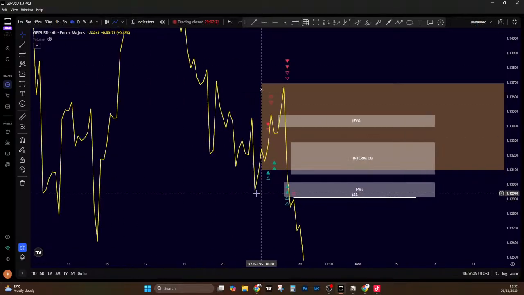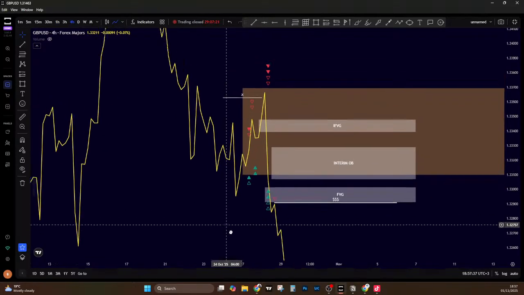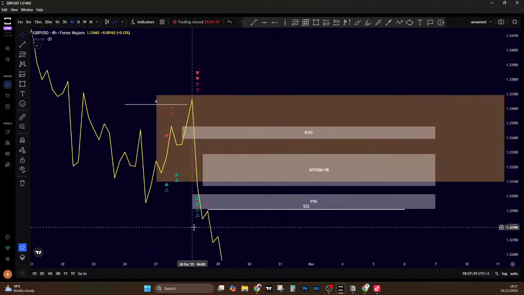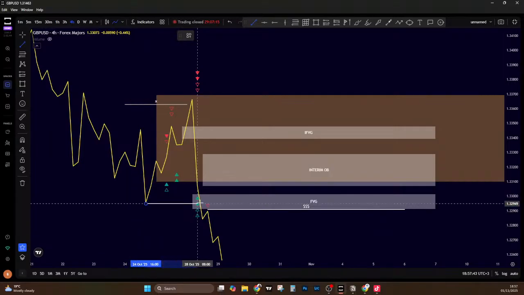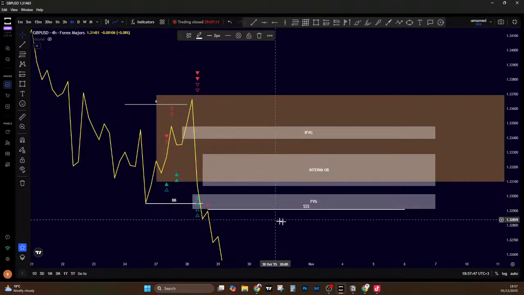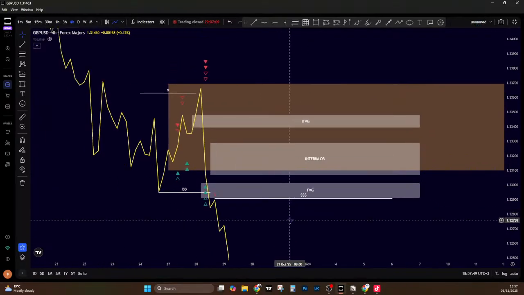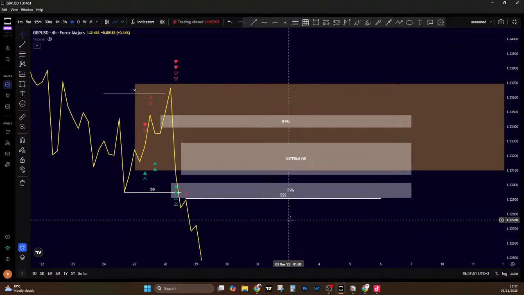This was the last low that was taken before this move happened. So we have a BB, a breaker block here. So if I see something like this, these are the 3 points the market will react from.